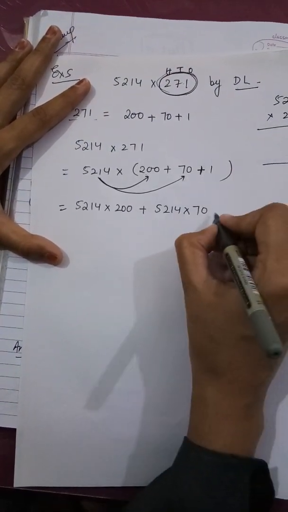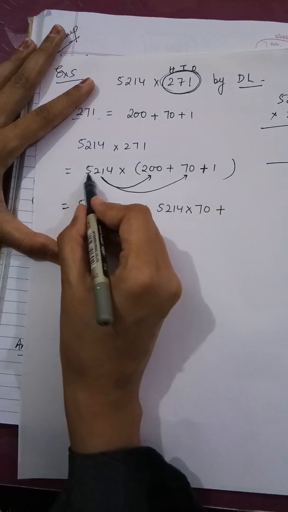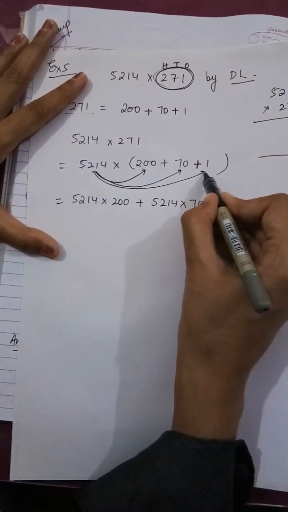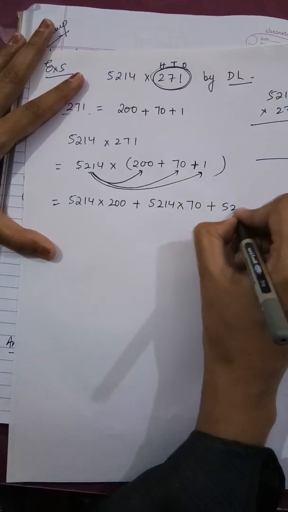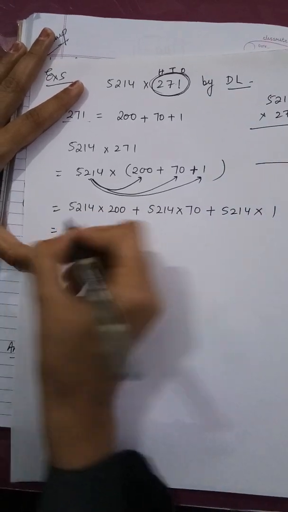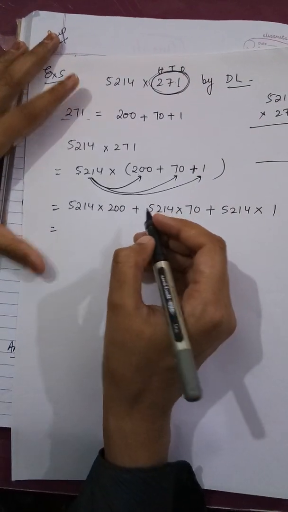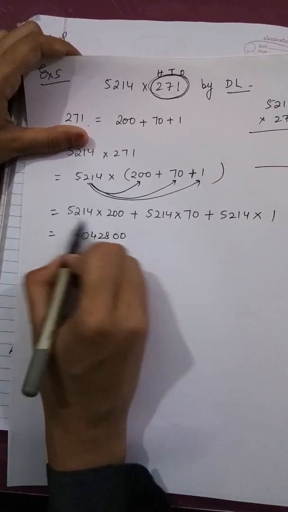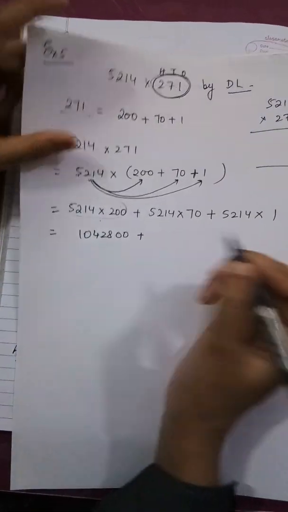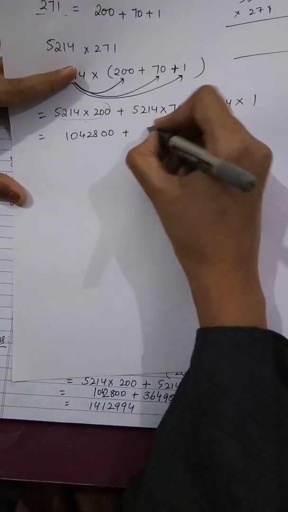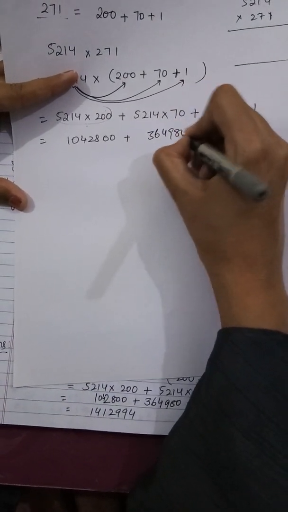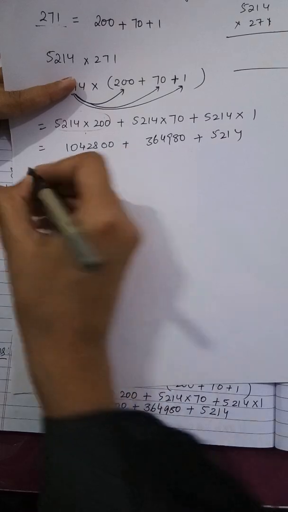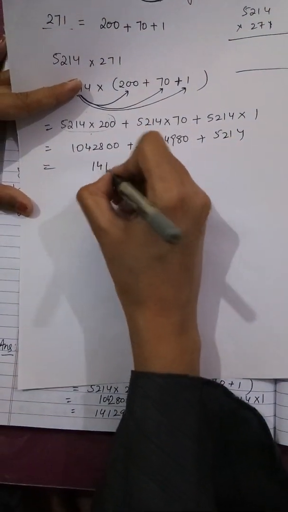Now plus sign is there, so I'm going to place here plus, and then 5214 will be multiplied by 1, so 5214 multiplied by 1. Now you can simply multiply it, 1042800. I'm going to simply multiply this. Okay, now next will be 364980, and this will be 5214, and then you can add it, you will be getting this answer.